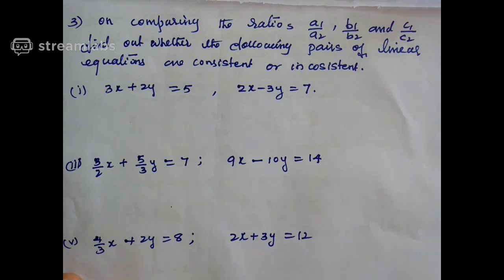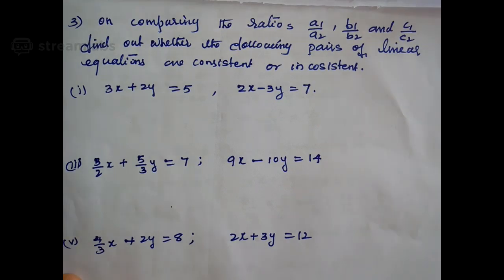If a1 by a2 is not equal to b1 by b2, they are intersecting lines, it has a unique solution and it is consistent. And a1 by a2 is equal to b1 by b2 is equal to c1 by c2, they are coincident lines. It has infinite number of solutions and that is also consistent.